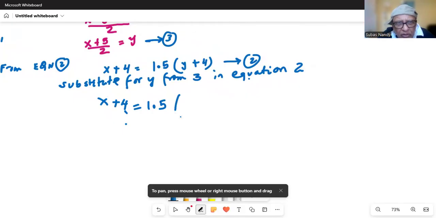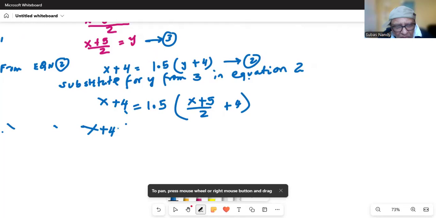For y, I'm going to write (x plus 5)/2 plus 4. Again, I have the same problem. 4 has 1 in the denominator, and I have to create a 2 in the denominator. So I can write this as x plus 4 is equal to 1.5 times (x plus 5)/2 plus 4.